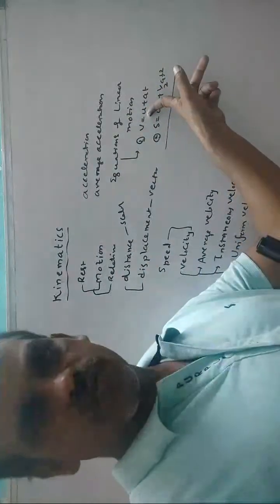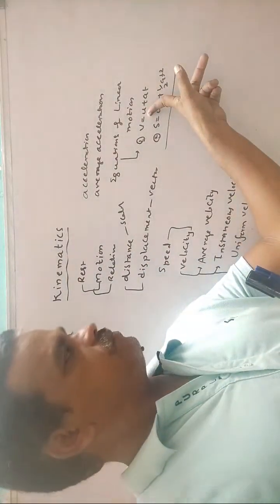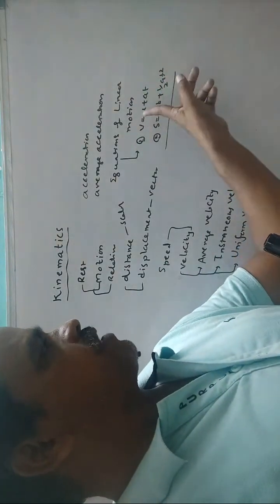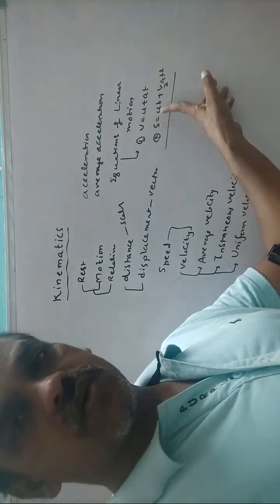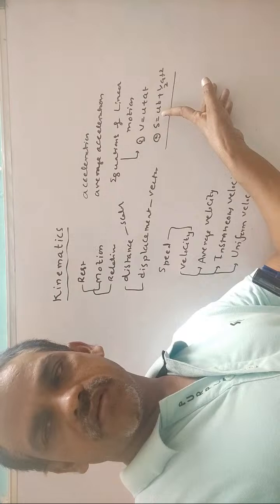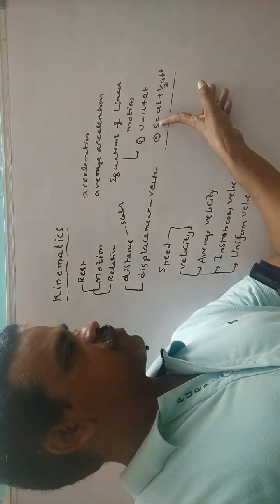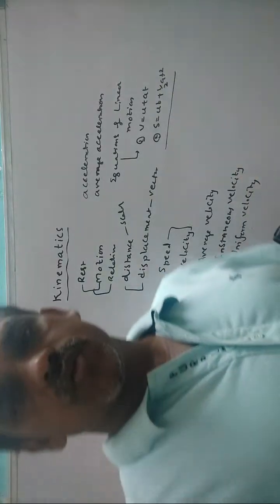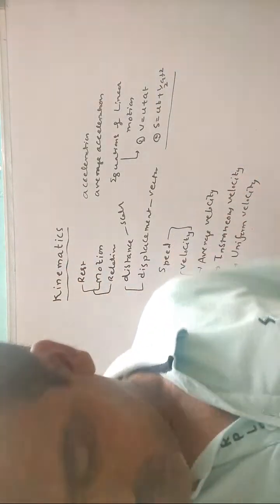I discussed this formula and gave some problems to you. I explained also. Next equation is s equal to ut plus half at square. This is also one more linear equation. Here s is the displacement, u is the initial velocity, a is the acceleration, t is the time. I explained to you. I am discussing one more formula here.